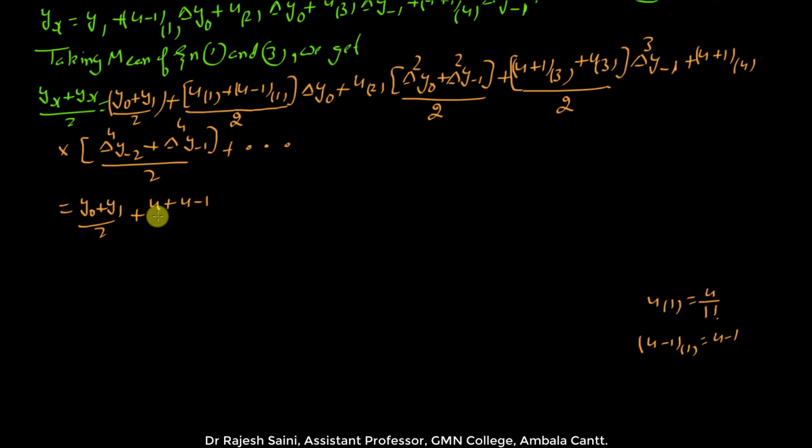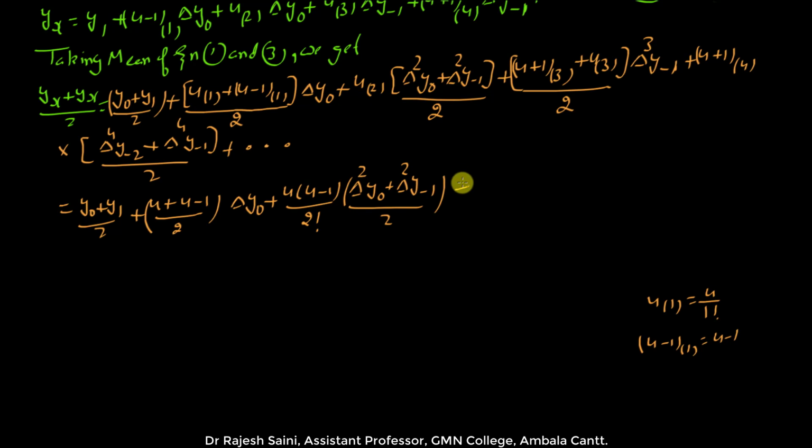So I have written something like that, divided by 2 delta y naught plus u2 is, you know, u minus 1 divided by 2 factorial delta square y naught plus delta square y minus 1 by 2. Plus now we solve this one. What will it be?